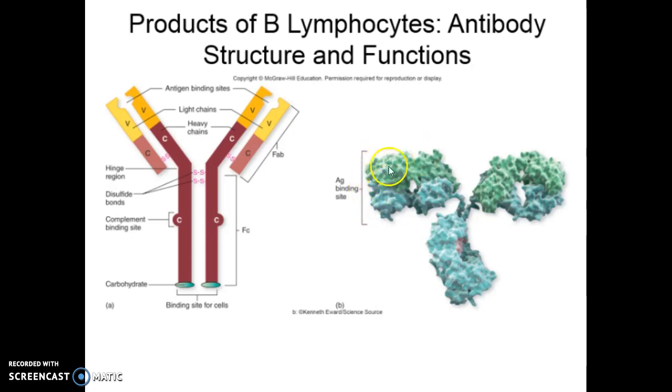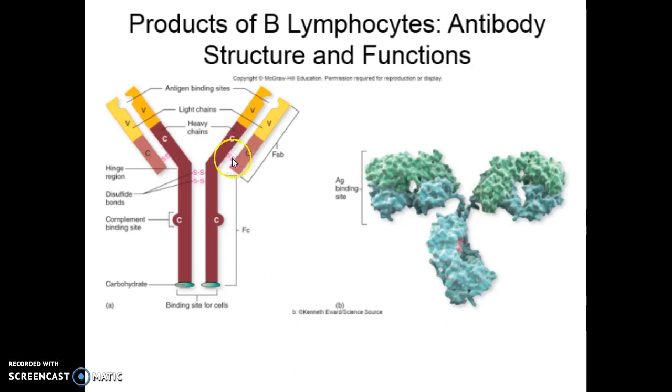There's a great variety of different amino acids that will come in this area and form the antigen binding site. You see kind of this hole right here. That's where the antigen is actually going to bind. But it does that in the antigen binding site on the variable portion of the antibody.